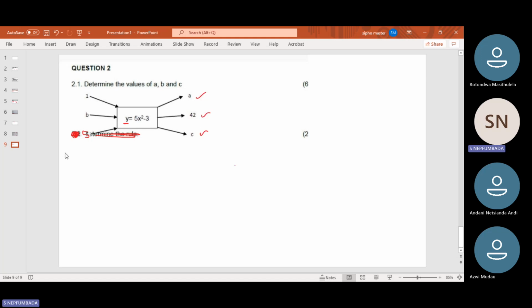You understand now? Then if we're saying y is equals to 5 into 1 to the power 2 minus 3, then we get what? 2. The solution is equals to 2. Therefore, our A is equals to 2.